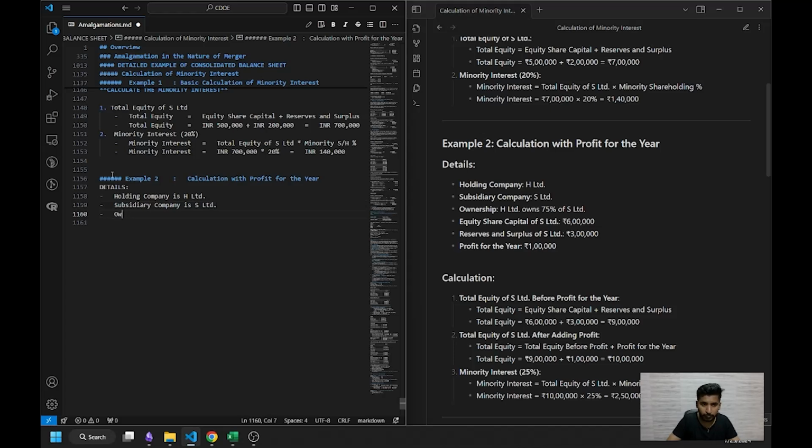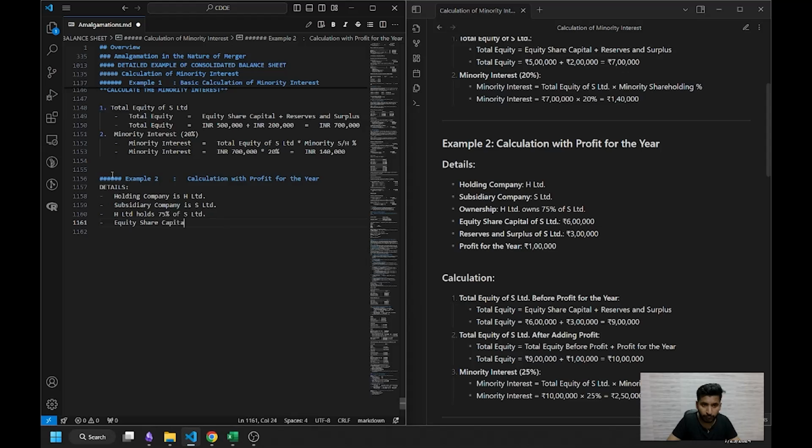Ownership says that H holds 75% of S Limited.